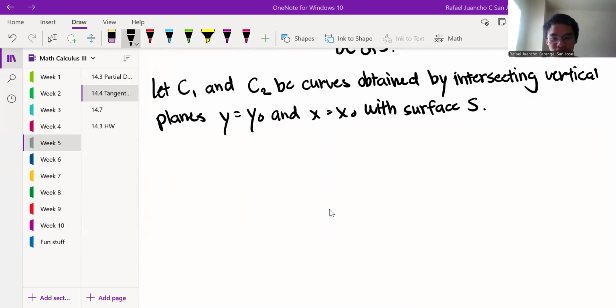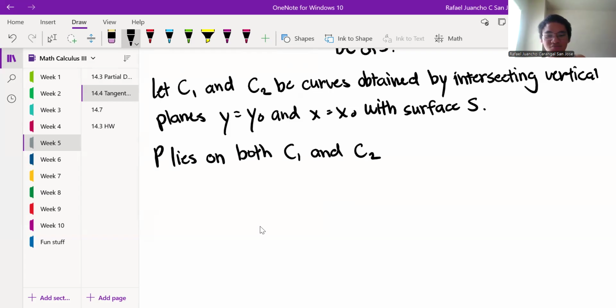And then the tangent plane to the surface S at that particular point P is defined to be the plane that contains both tangent lines T1 and T2. So let me just put a description of that. We're saying P lies on both C1 and C2.